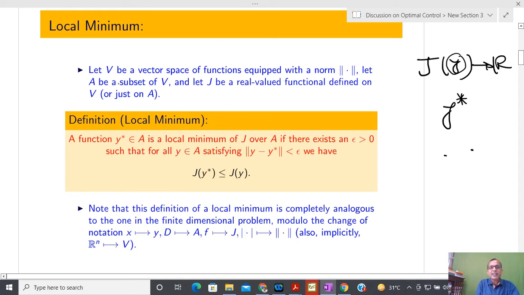So let us now start today's lecture. Let V be a vector space of functions. The y star that I am talking about is going to lie in this space V, and I have to check the distance between y and y star and their neighborhood, if y star is the extremum, meaning maximum or minimum.